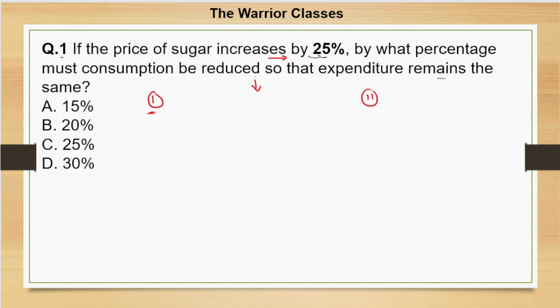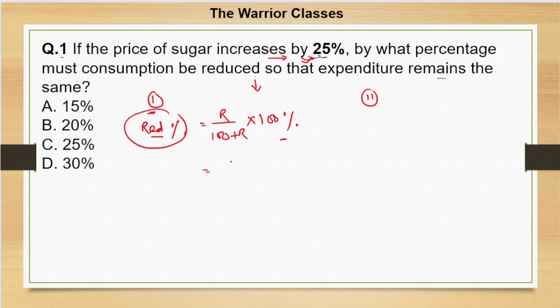Now the first method. Here the increase is R percent, so the reduction percentage will be R divided by 100 plus R, multiplied by 100, in percentage. This is the formula when the price increases and the consumption decreases.